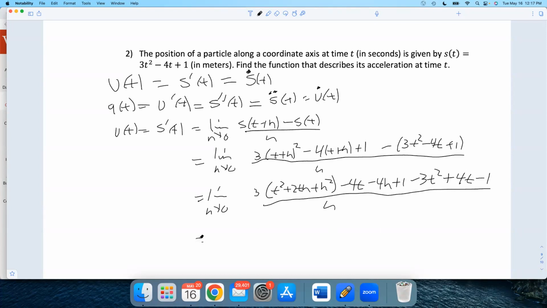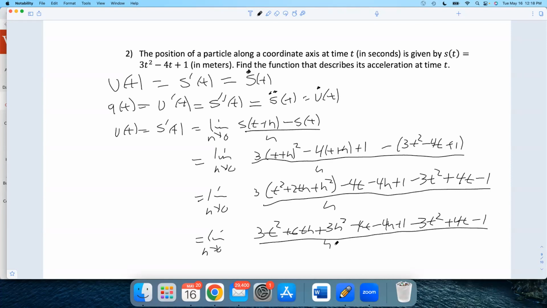Distribute that 3. So 3t squared plus 6th plus 3h squared. And I just got to write all this stuff again, all over h. Don't forget your over h.